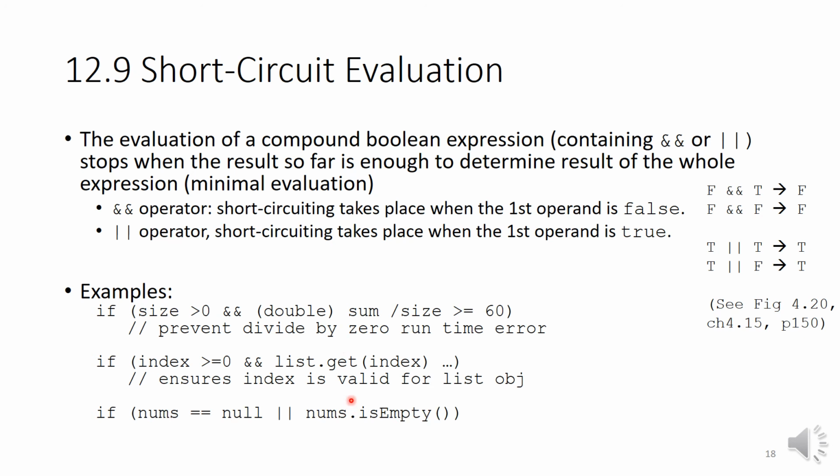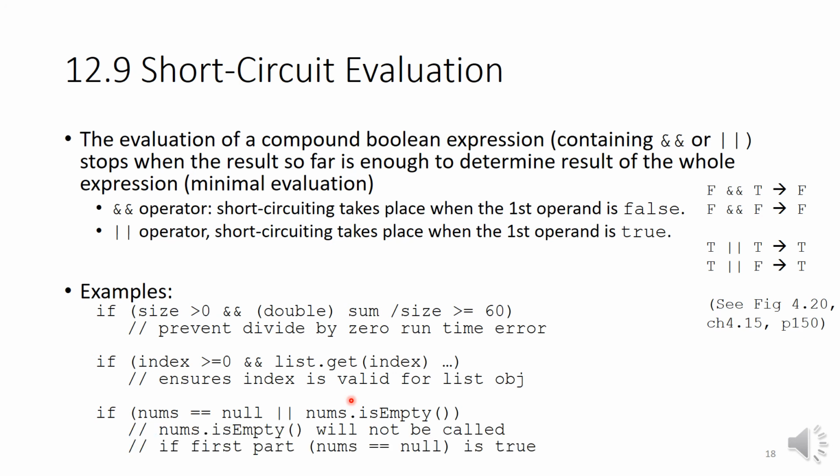The third example is from a previous practice and uses the OR operator. You don't want to check if an array list object is empty if you already know it's null. All three examples show two relevant steps in one compound expression. Short-circuit evaluation makes sure the second step happens only if necessary.